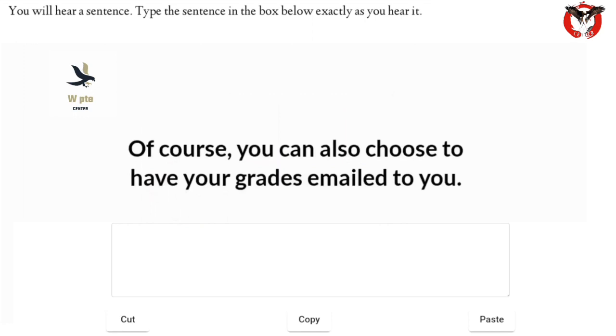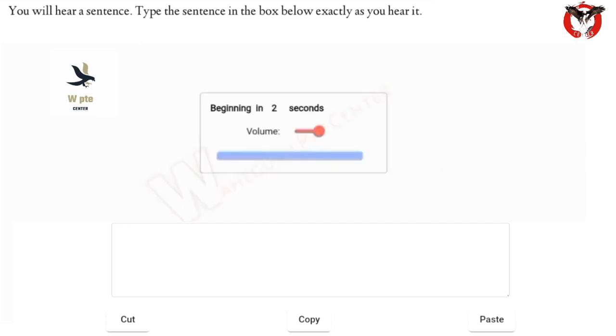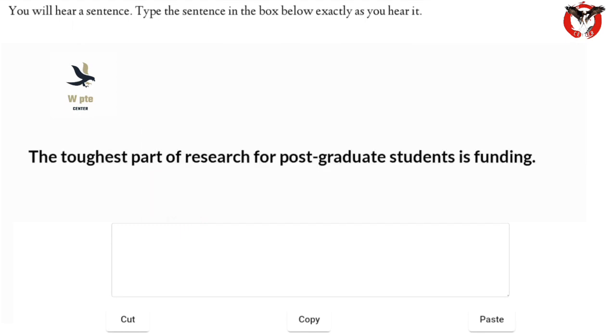Of course, you can also choose to have your grades emailed to you. The toughest part of research for postgraduate students is funding. The toughest part of research for postgraduate students is funding.